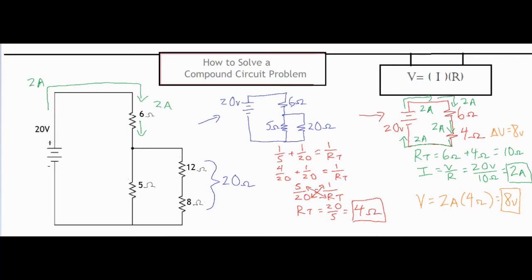Okay, I can do the same for this portion over here. I can do V equals I times R, and then find the voltage drop through the 6 ohm resistor.